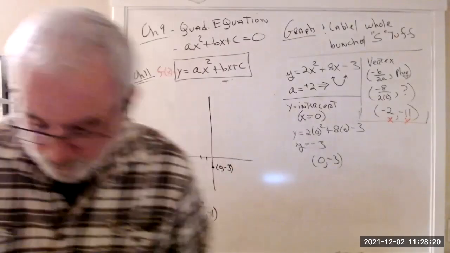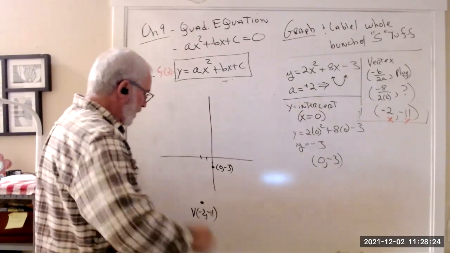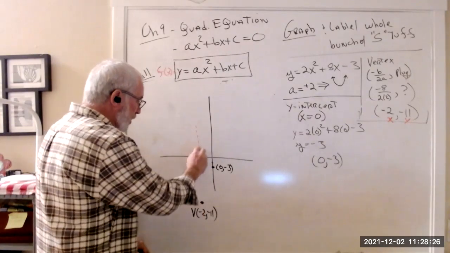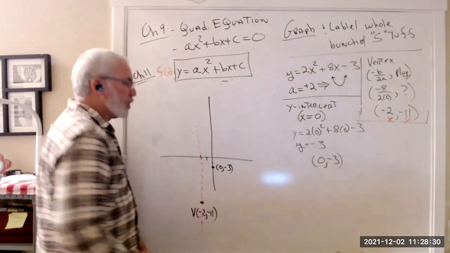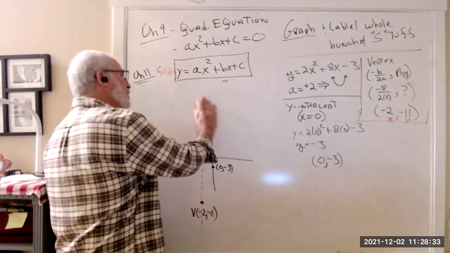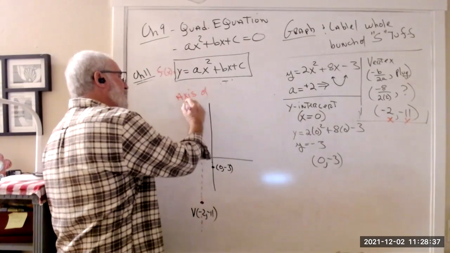The first thing you need to know is on this parabola, there is something that goes right through the middle of the vertex, and it's called the axis of symmetry.